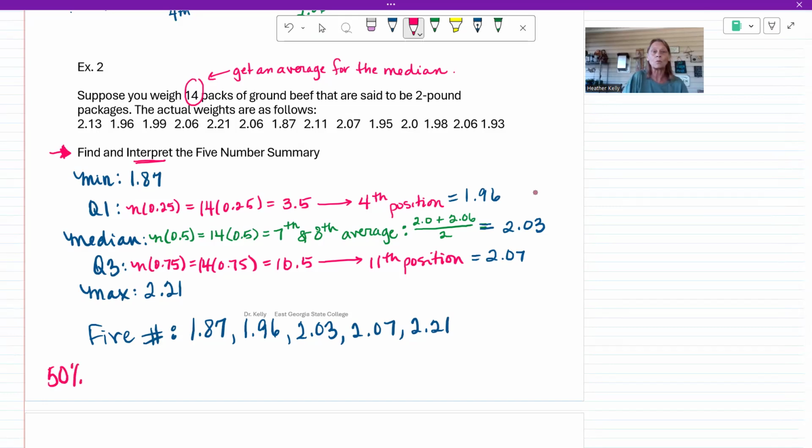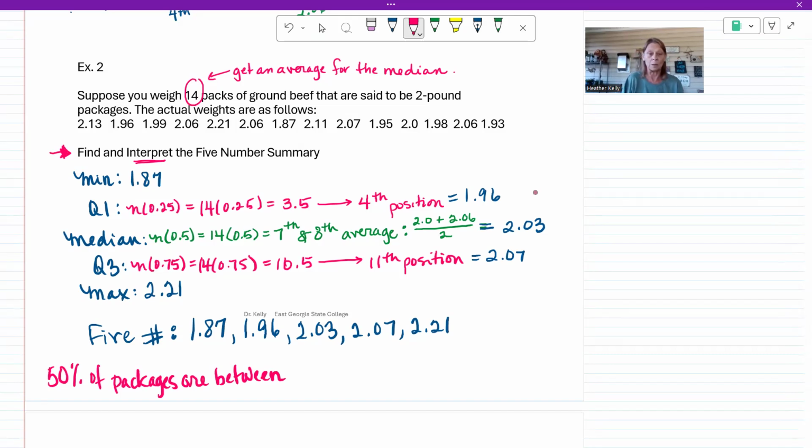50%. Now let's read the problem. Suppose you weighed 14 packs of ground beef that are said to be 2 pounds. The actual weights are as follows. Okay, so we're just checking it out. So 50% of the packages are between, and now you could be ridiculous and you could say between, well, that wouldn't be ridiculous.